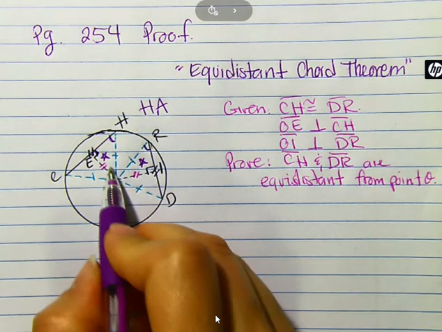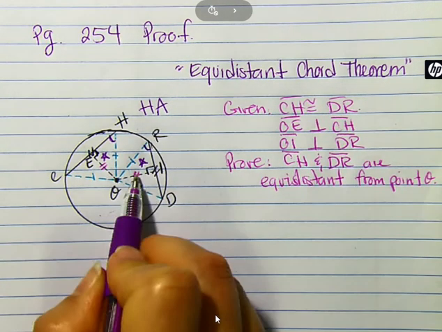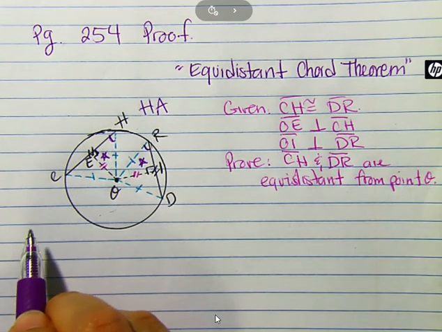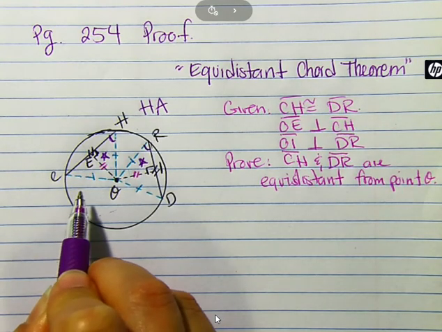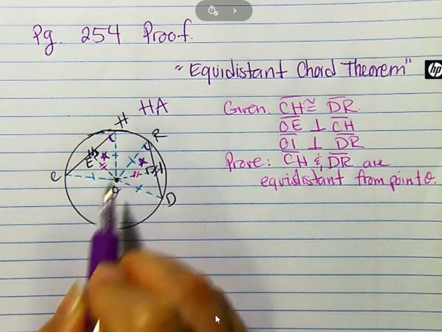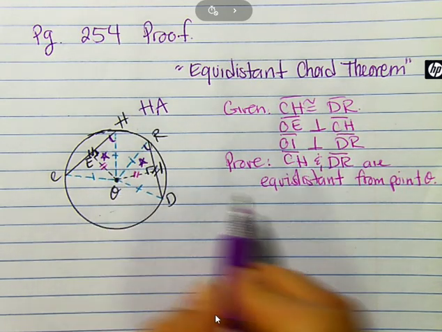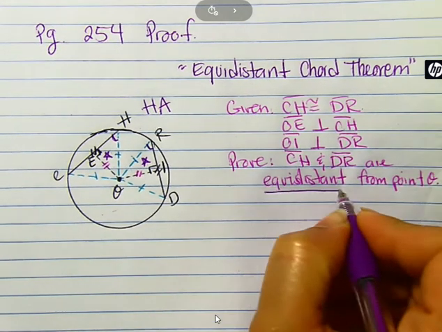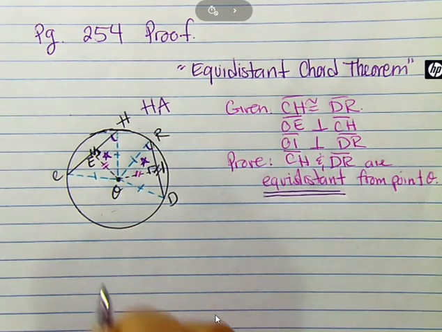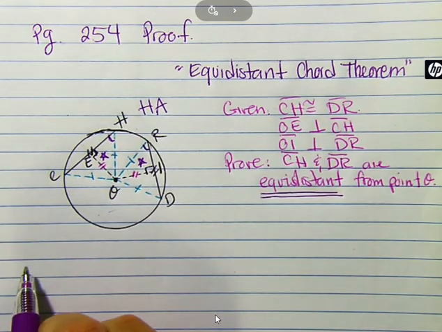And since they're congruent, that means they are equal in length. The reason I'm converting between congruence and equal measure is because I'm trying to prove that they are equidistant from point O, which is the center of the circle.